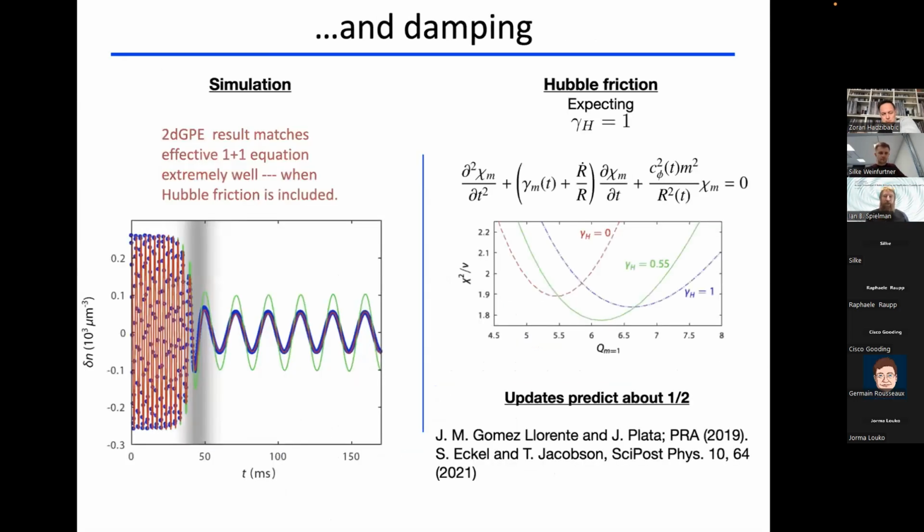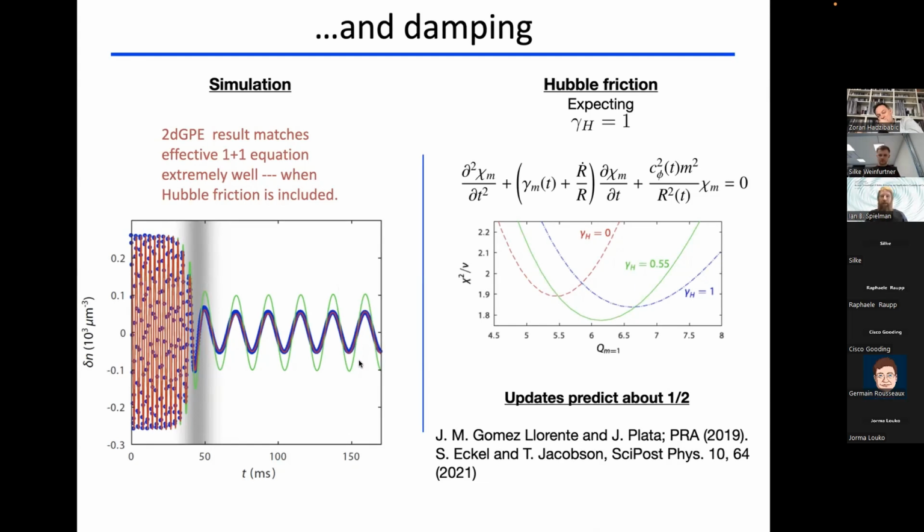The central focus of this talk today will be something we observed and did not understand in our first publication. So in this hypothetical experiment, plotted both by numerics and linearized dynamics, what we're looking at is the oscillation of a phonon mode in a ring-shaped BEC that expands in the gray shaded region. And I already mentioned to you the decrease in frequency associated with redshift, but a secondary effect is a decrease in amplitude.